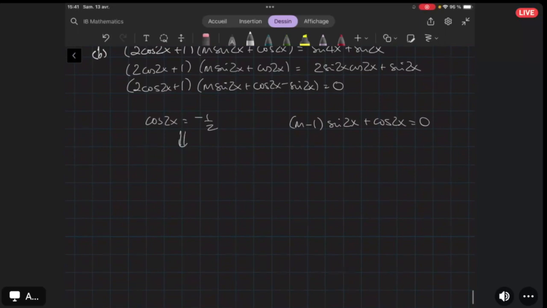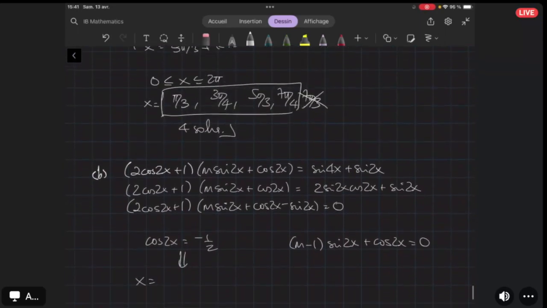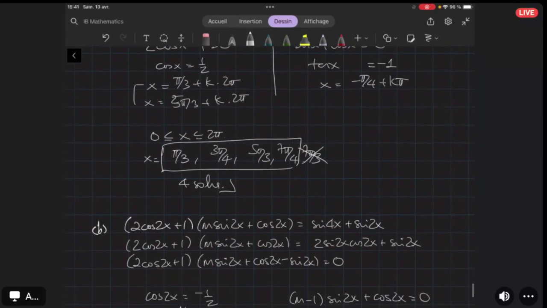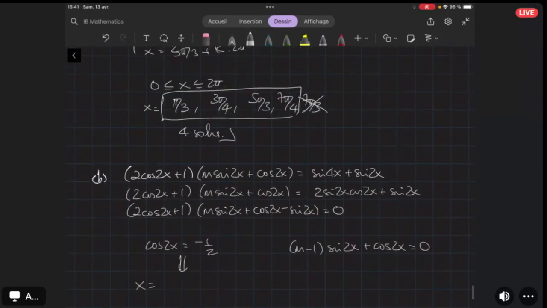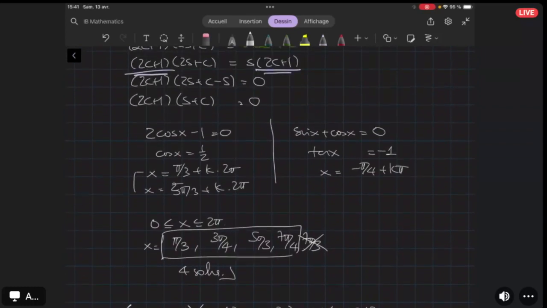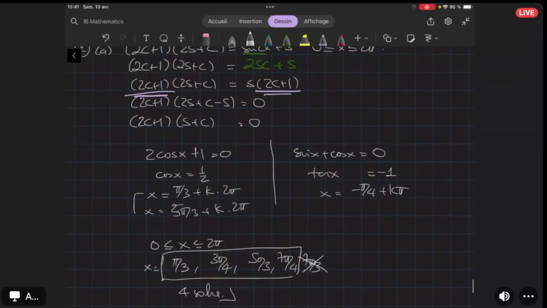We can simply have all the solutions we have found above, because we know the solution to... Wait. Oh, no. Sorry. Spotted a typo. So 2 cos plus 1 is equal to 0. Cos is negative a half.